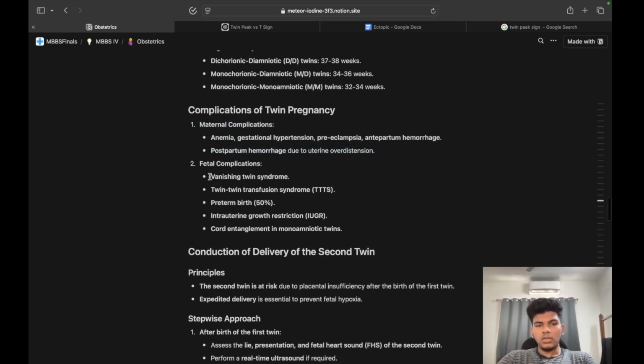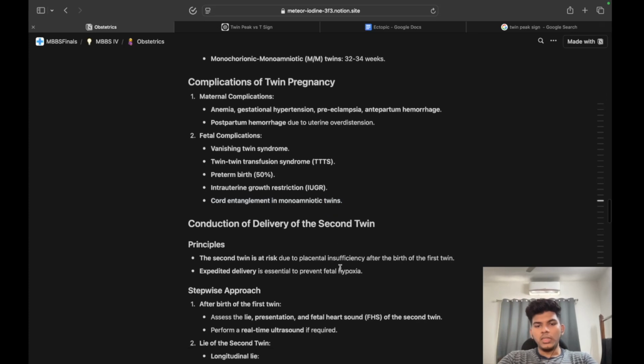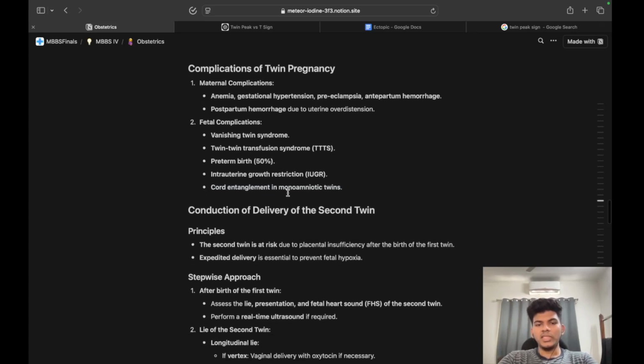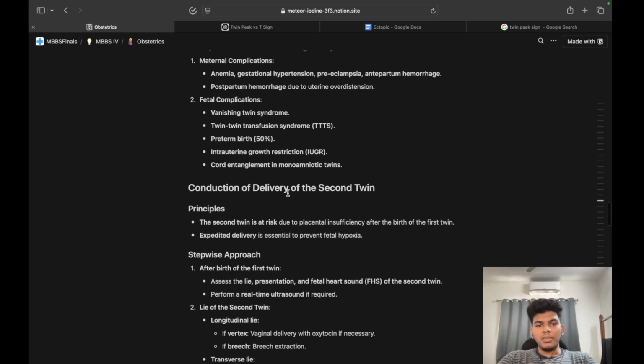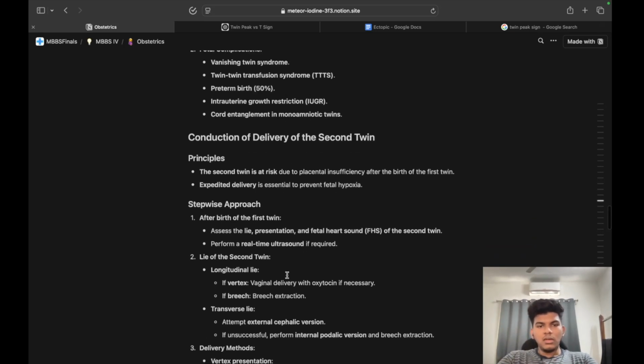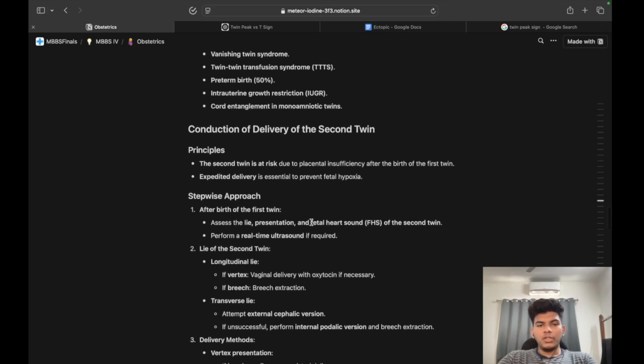Fetal complications include vanishing twin syndrome, twin to twin transfusion syndrome, preterm birth, intrauterine growth restriction, and cord entanglement in monoamniotic twins, because it is just one sac and the cord might become convoluted and get entangled.